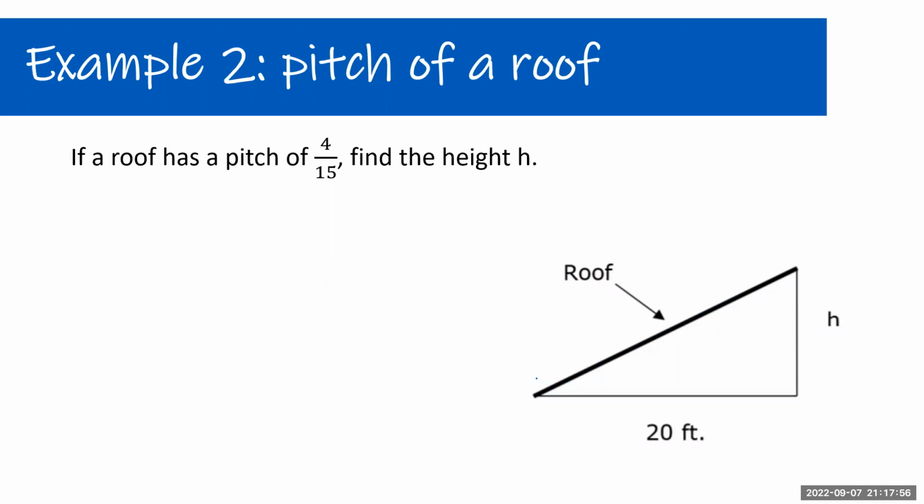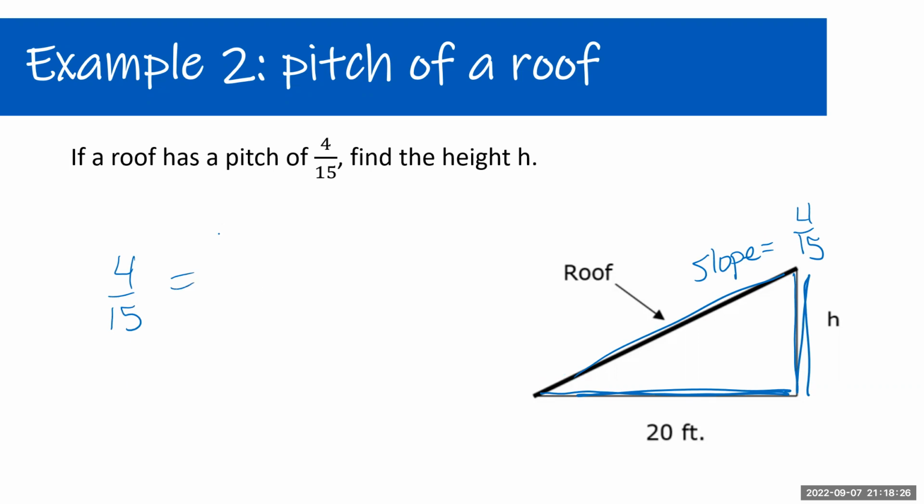So let's take what we just learned about the pitch of a roof and let's apply it, okay? If we know that a roof has a pitch of 4/15, we want to find its height, okay? We know that horizontally it's 20 feet across, but we do not know that height, okay? But we know that this slope, which is another word for the pitch, is 4/15. Now we can multiply by 20 on both sides.